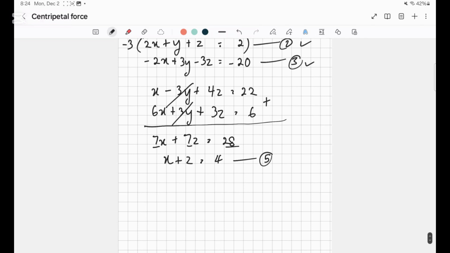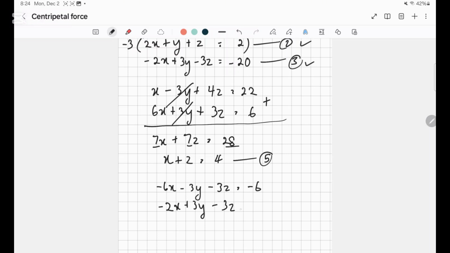Now you can write the second equation again, multiplied by minus 3, so it's minus 6x minus 3y minus 3z equals minus 6. Then you write the third equation again: minus 2x plus 3y minus 3z equals minus 20. Now we'll add these two.